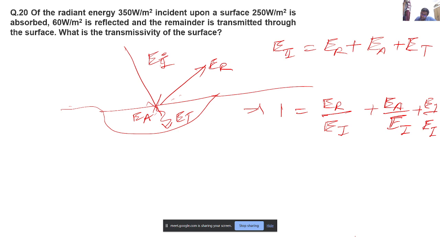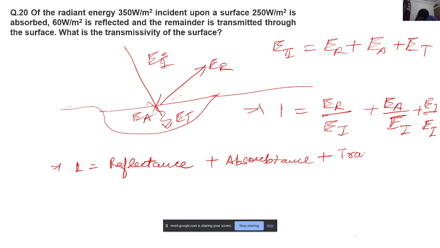So what do we get out of it? Reflectance plus absorptance plus transmittance equals 1.